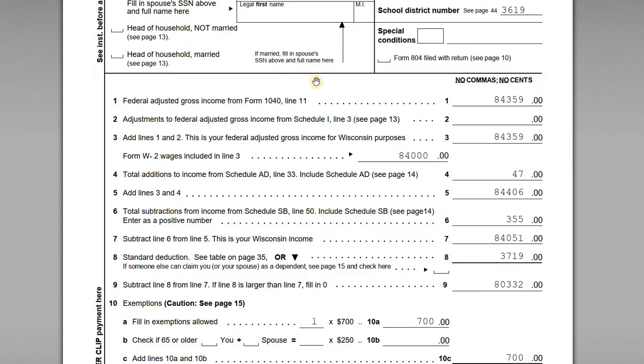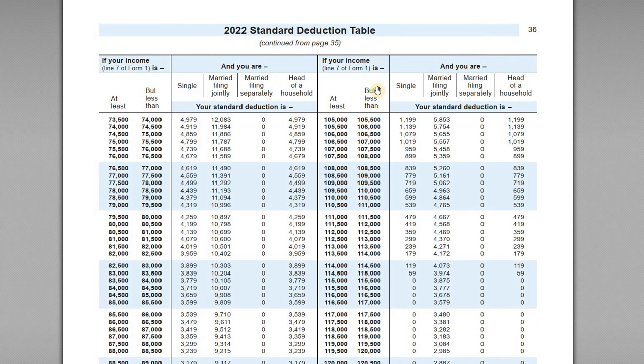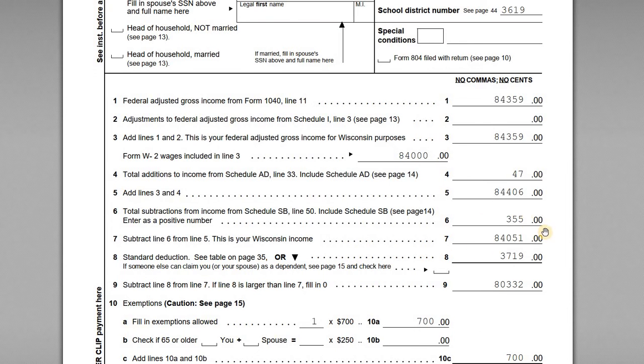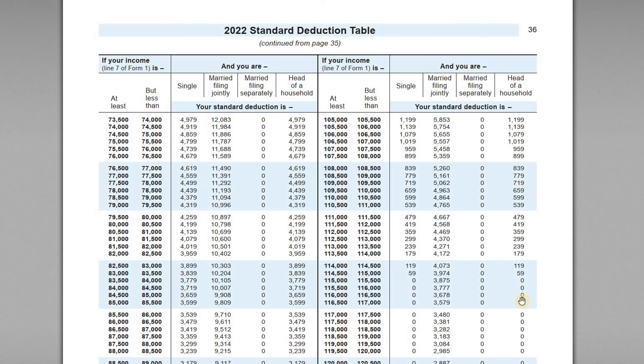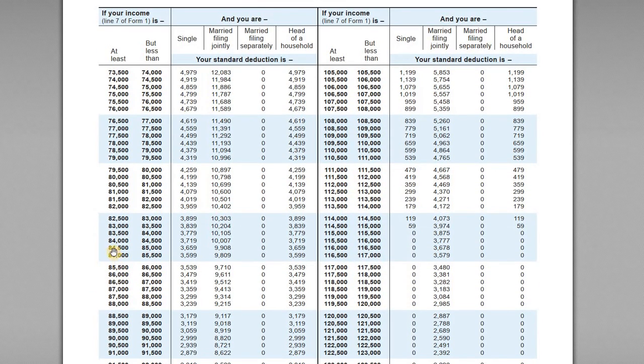If I go to the form instructions here and we look at the standard deduction computation, this is the standard deduction table. Our Wisconsin income is $84,051, so we need to find $84,051 to figure out what our standard deduction is. We look at the table, scroll down, and see here's the range, $84,000 to $84,500.